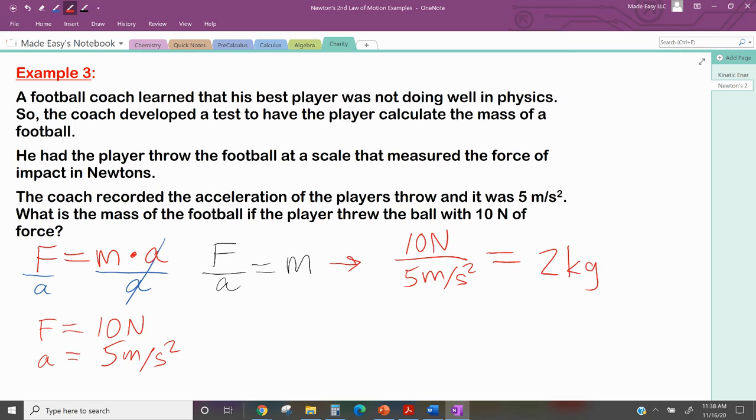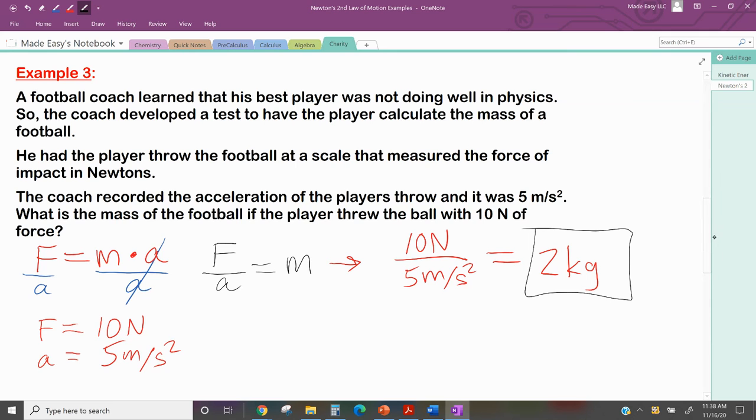So this is the correct math, right? It doesn't make sense if you know what the football actually weighs, but I just put in some numbers here to give us the idea. So 10 newtons divided by 5 meters per second squared would give us 2 kilograms. So this would be our final answer.